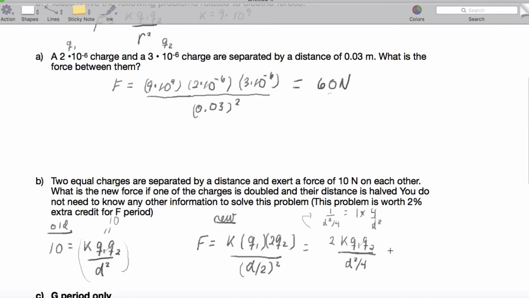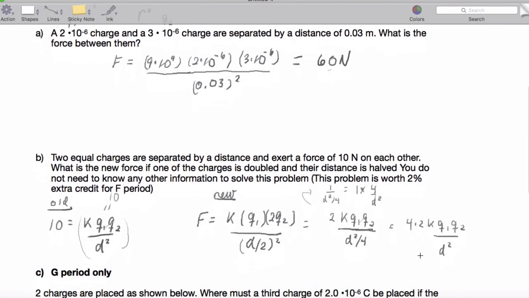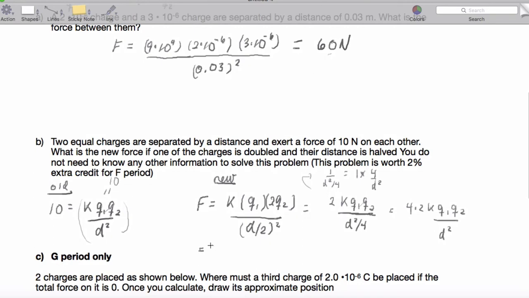So I'm going to end up getting 4 times 2 times k, q1, q2 over d squared. So when I'm finally done, this works out to be equal to 8 times k, q1, q2 over d squared. But that k, q1, q2 over d squared is exactly equal to 10 right here. So we wind up with 80 newtons worth of force.